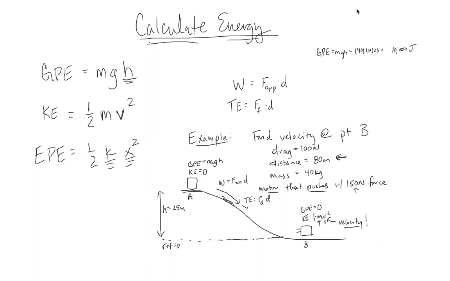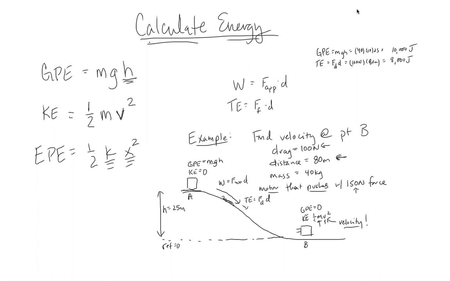Our thermal energy is equal to the force of drag times the distance we go, which is 80 meters. So 100 newtons times 80 meters is equal to 8,000 joules.